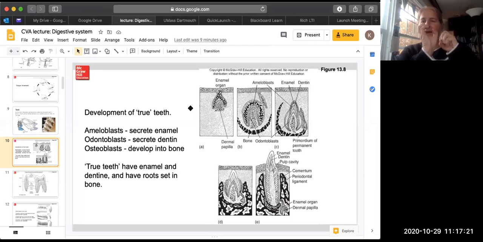They form a little placode, and then they go on to be specified into whatever organ it is. And teeth are one of the organs that comes from that sort of conserved interaction between the two skin layers.